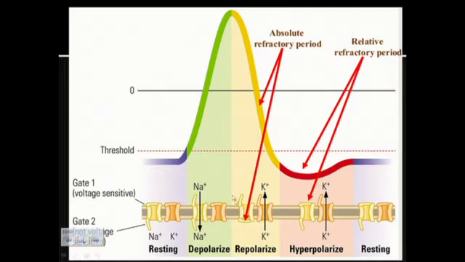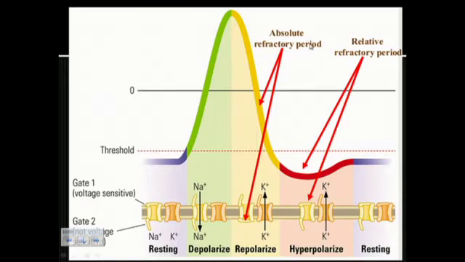Okay, so it's the combination of the closing of this gate 2, the non-voltage sensitive gate on the sodium channel, as well as the efflux of potassium ions that allows the membrane to return to resting membrane potential.